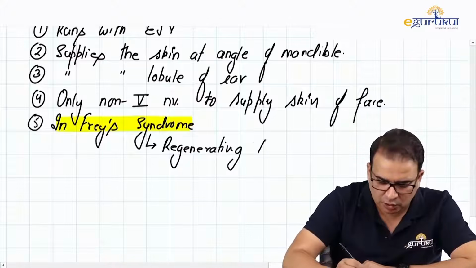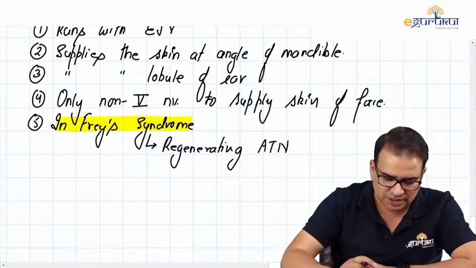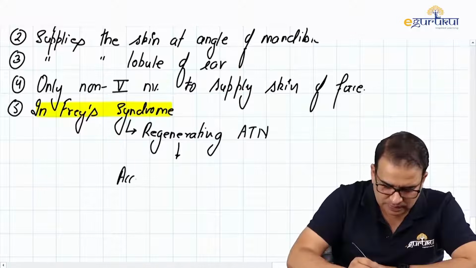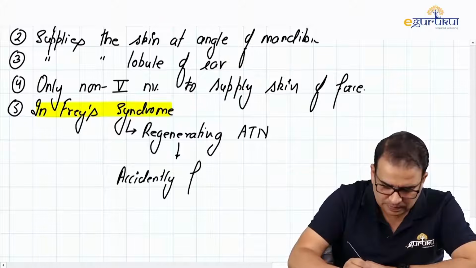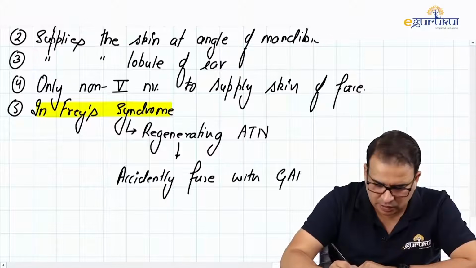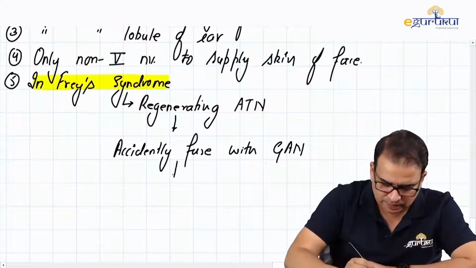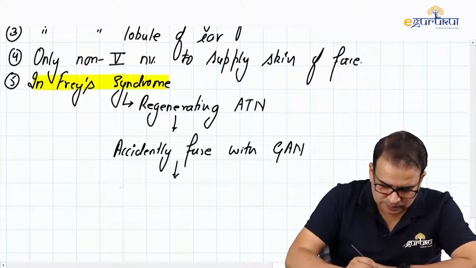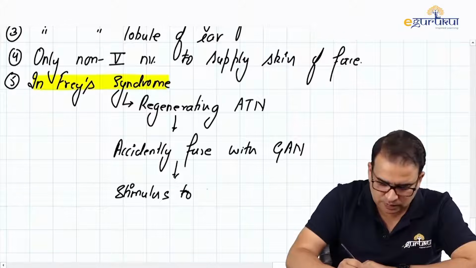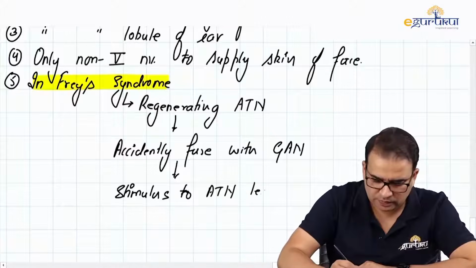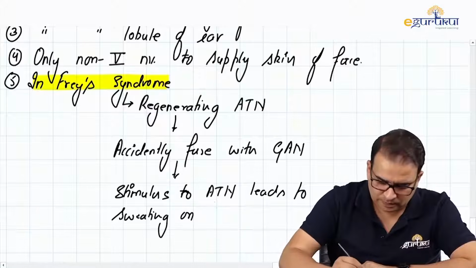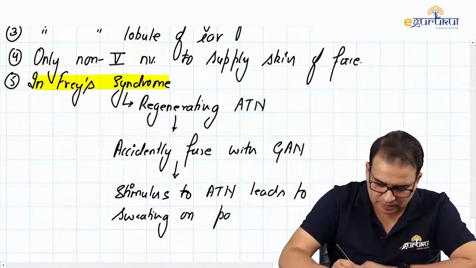The regenerating auriculotemporal nerve accidentally fuses with the great auricular nerve, and that will lead to the condition where the stimulus to the auriculotemporal nerve leads to sweating on the parotid region.